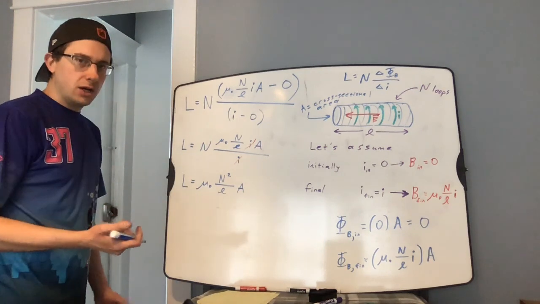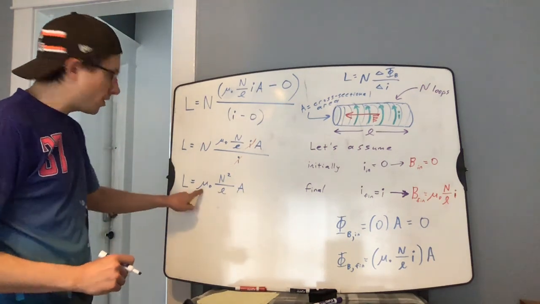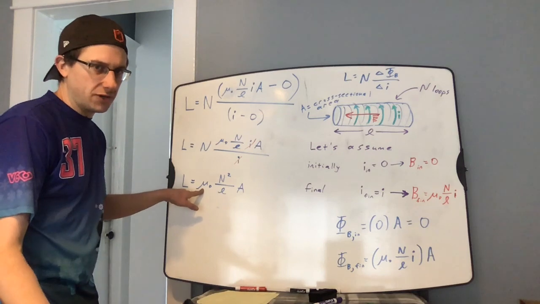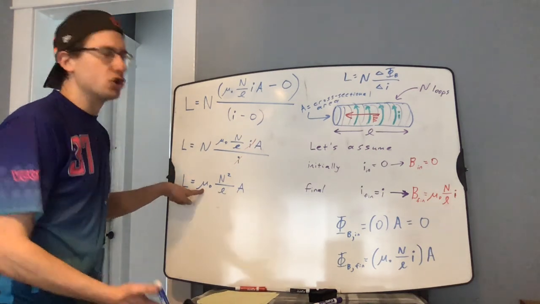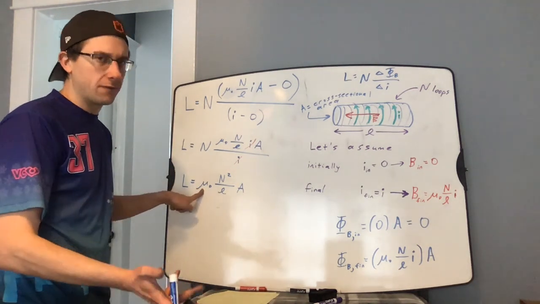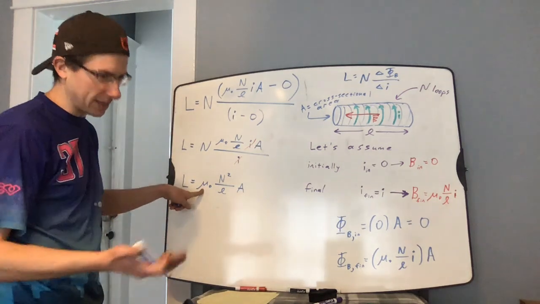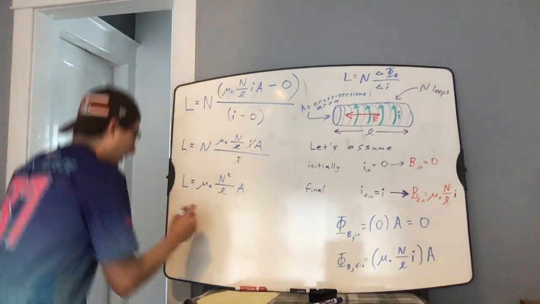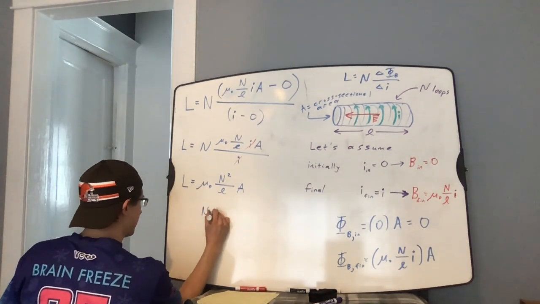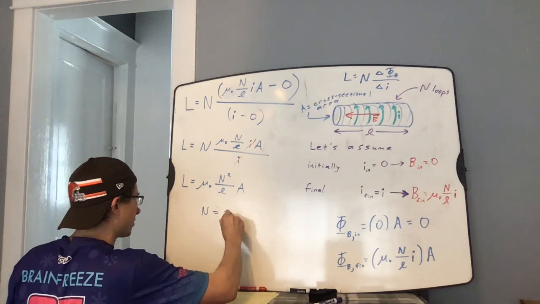So what do we have here? Well, mu naught is a fundamental constant of nature. So mu naught is just kind of like epsilon naught for electric problems. Mu naught is one of the magnetic constants of nature. We said N is the total number of loops.